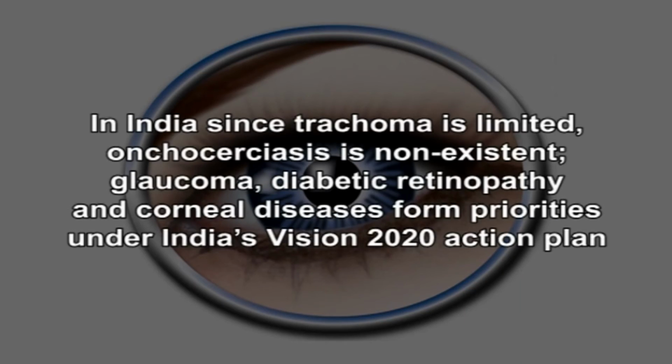In India, since trachoma is limited and onchocerciasis is non-existent, glaucoma, diabetic retinopathy and corneal diseases form priorities under India's Vision 2020 action plan.